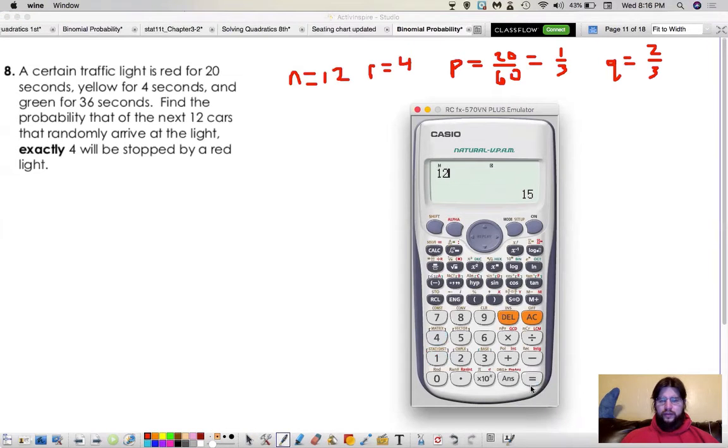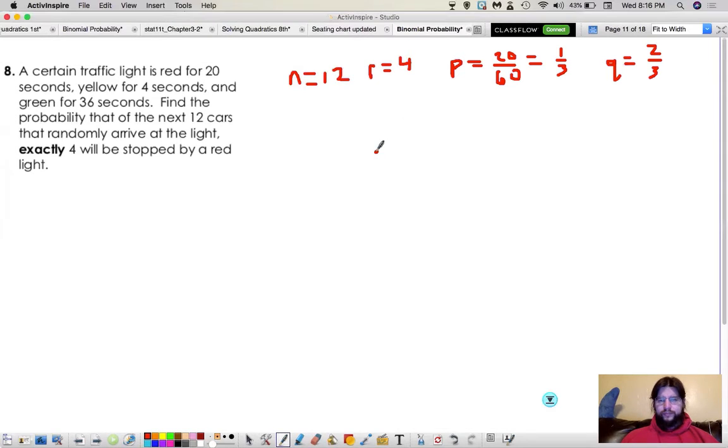With n = 12, r = 4, and p = 1/3, we get 0.2384. All right, so that's the probability of r being equal to 4, set exactly.